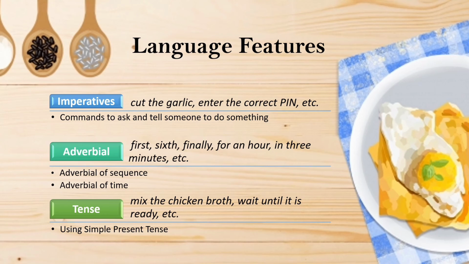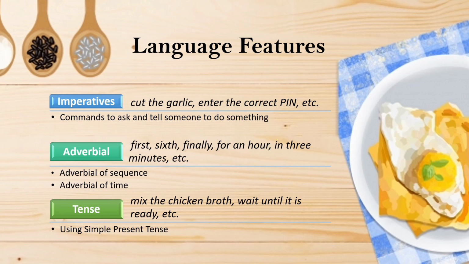The examples are first, second, finally, for an hour, or in 3 minutes. And the last one is tense. We use simple present tense in procedure text. The examples are mix the chicken broth or wait until it is ready.